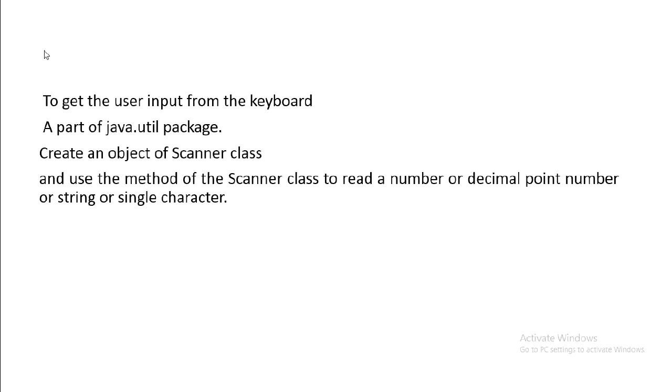Now, instead of initializing the value and storing it in a variable every time, we will just declare a variable and ask the user to enter input of their own choice. It can't be Ankita every time. If the user wants to store maybe Shubham or Apurva, they can store whatever name they like. It is part of the util package.